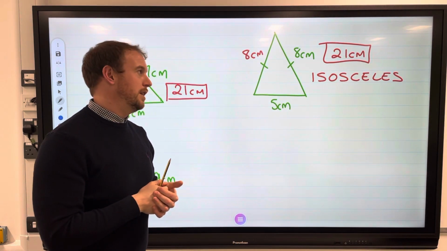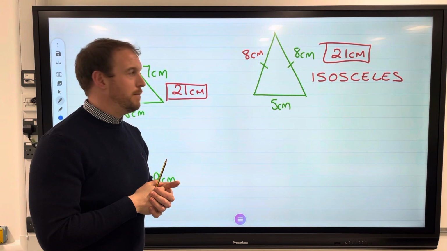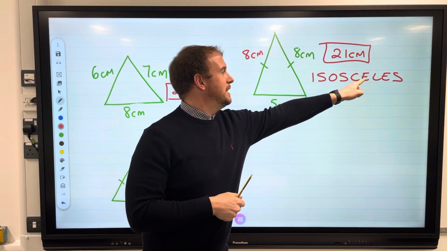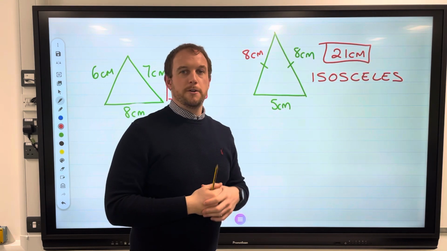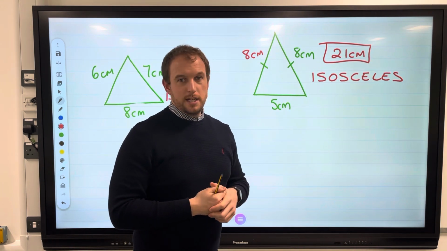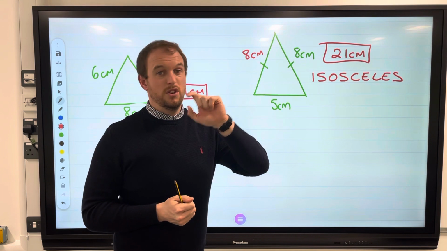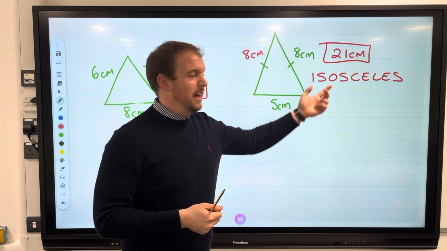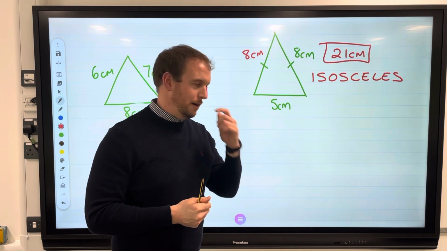Being Welsh, that's a very good way to help me remember. And at GCSE, you do actually need to know that because it'll ask you to describe a triangle, and that's a little way to help you remember how to spell it.